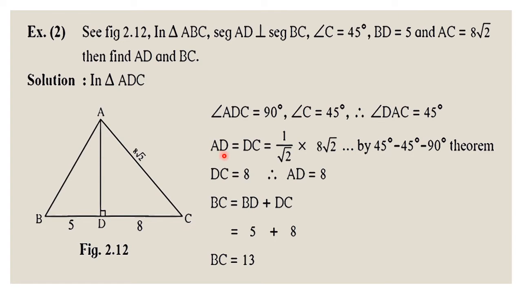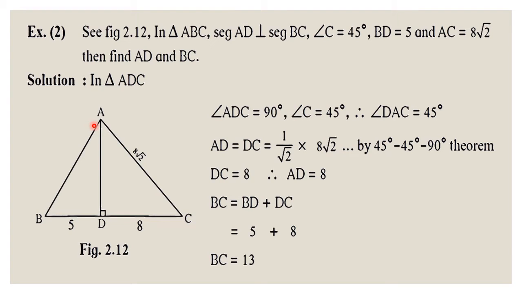Next, we apply the 45, 45, 90 degree theorem and say that AD, that is the side opposite of 45 degree angles, AD is equal to DC is equal to 1 by root 2 into hypotenuse. Here the hypotenuse value is 8 root 2. So 1 by root 2 into 8 root 2 is same as 8. So DC is equal to AD is equal to 8.